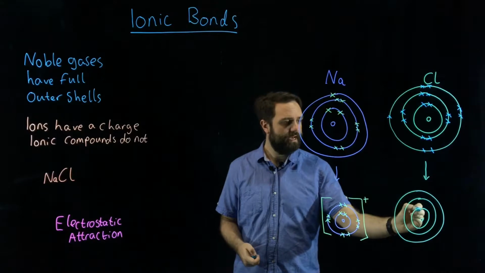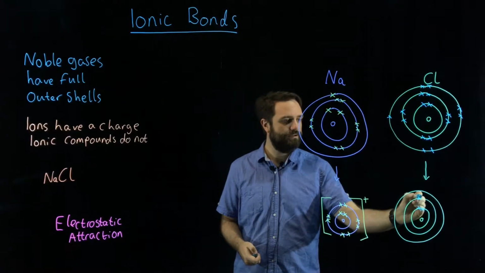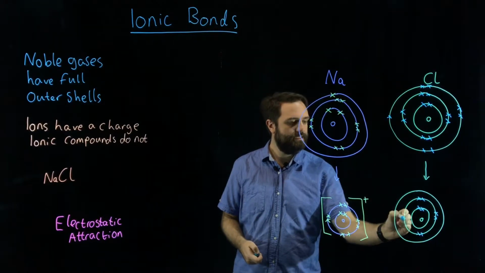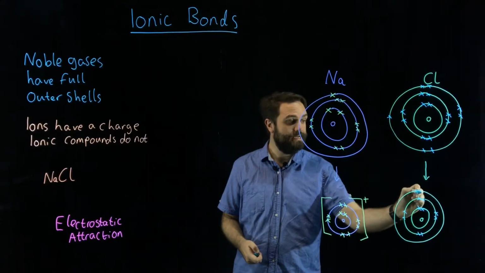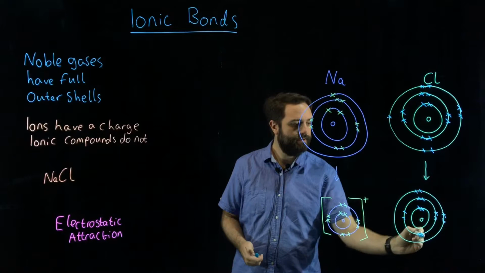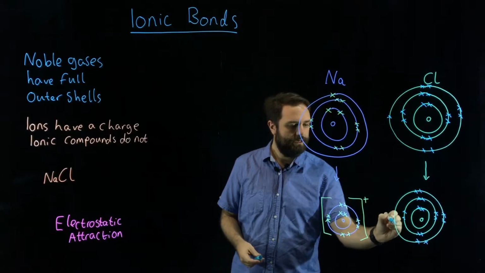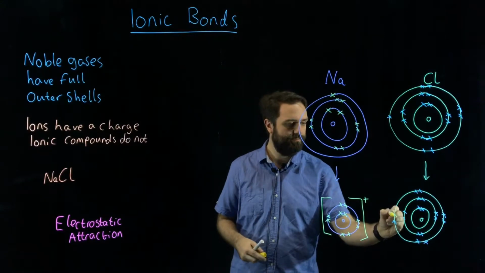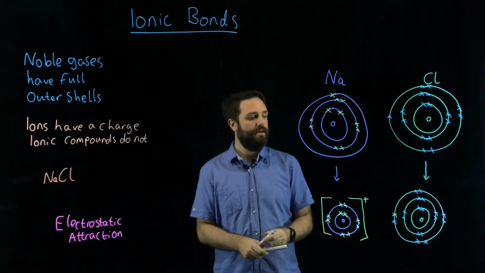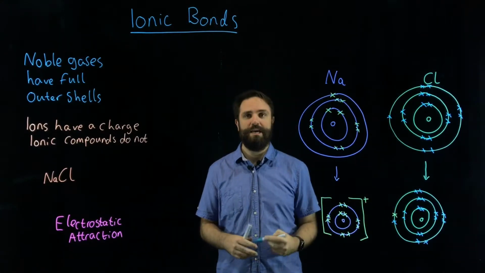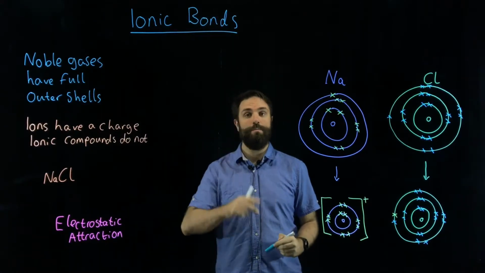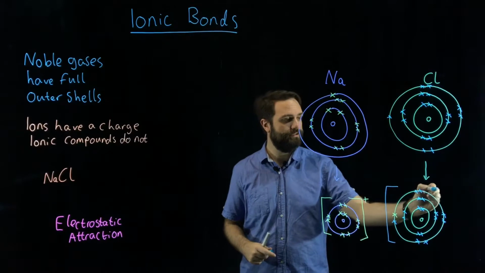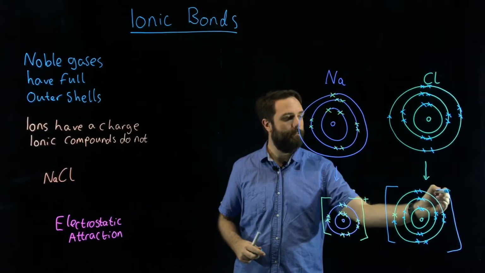So it gets an electron structure of 2, 8, 8. I'm going to do the last electron a different color so you know it's a gained electron. And it now has a full outer shell, stable, but it's got 1 more electron than protons. So it also has a charge, which is minus.